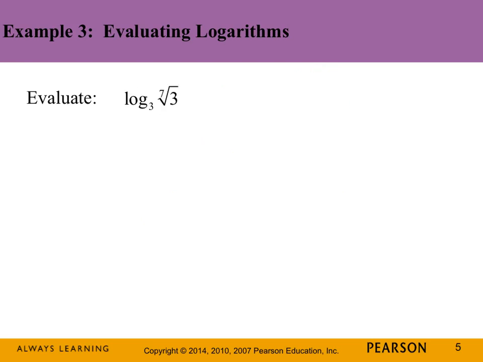And finally, on example 3, we're asked to evaluate log base 3 of the 7th root of 3. So let's say that equals w. So if I rewrite this in exponential form, that would be 3 to the w power equals the 7th root of 3. Well, the 7th root of 3, how do you write that in exponential form?